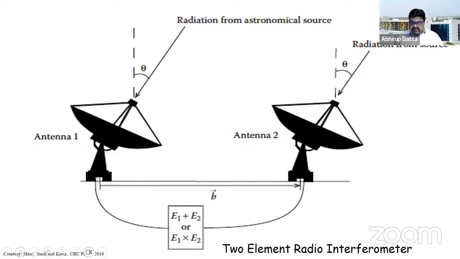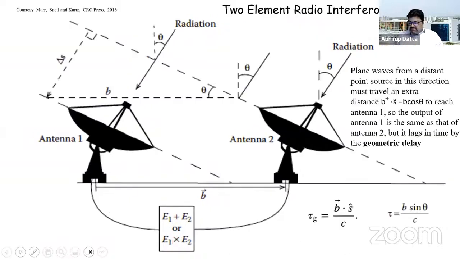So if you have two antennas, you multiply their signals. We are considering interferometry so far.